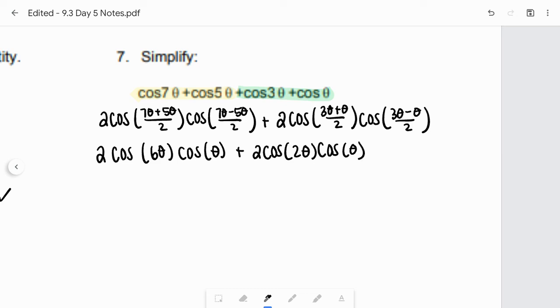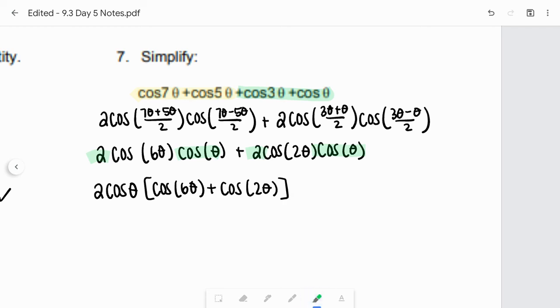Okay, now if we notice here, I have cosine theta and cosine theta, and I have a 2 and a 2. So I can factor out a 2 cosine theta, and what I'm left with would be cosine 6 theta plus cosine 2 theta.